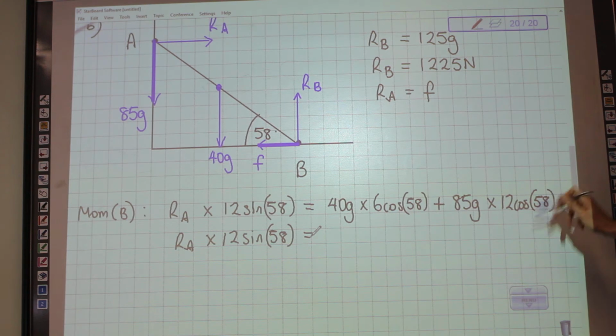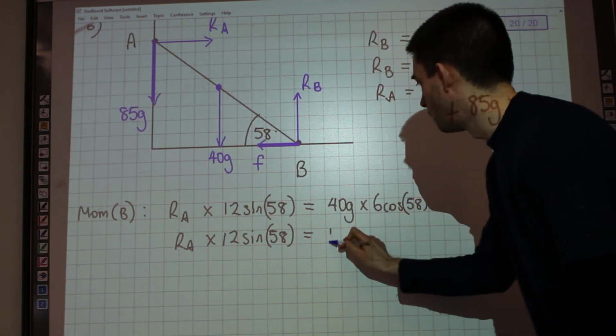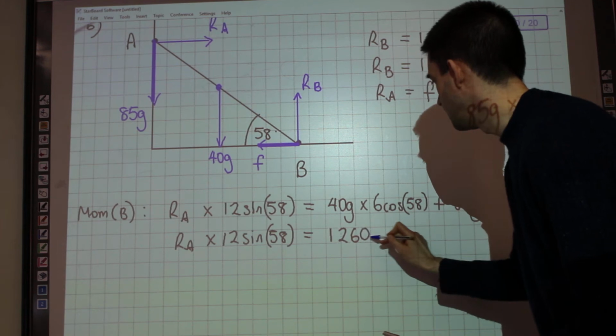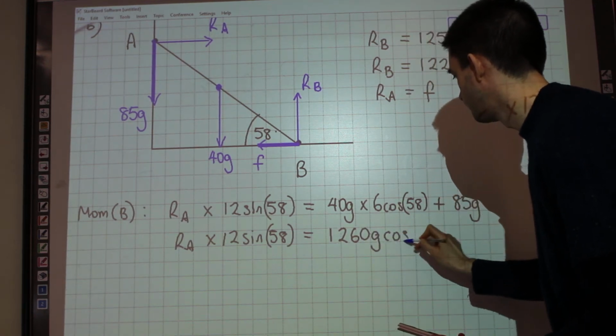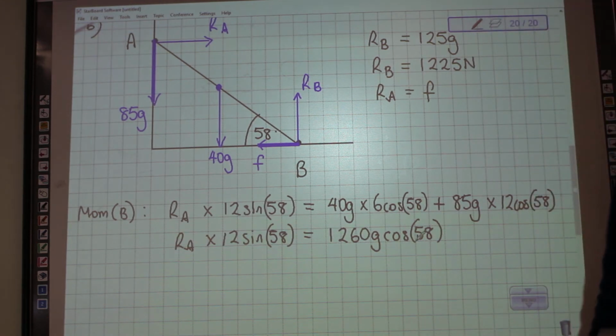And collect all those terms together as I did before. 40 times 6 is 240, plus 85 times 12 means I've got 1260 G cos 58.